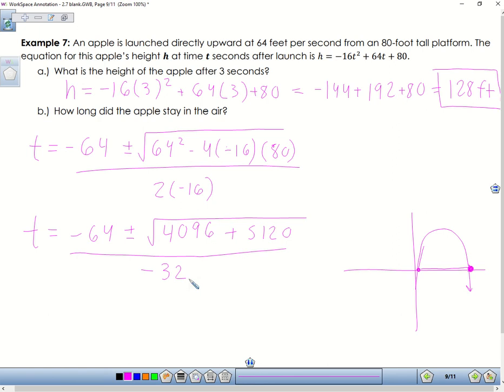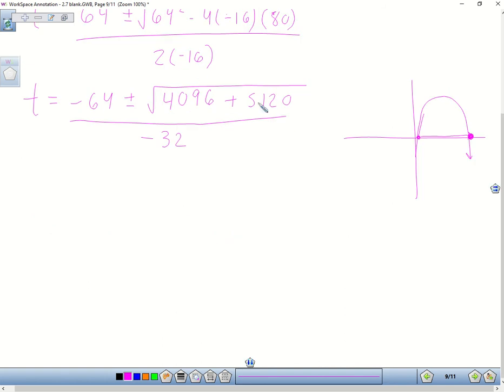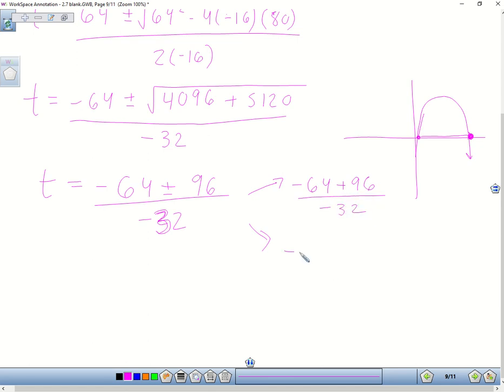So the numbers can get pretty big for these. I took the square root of this and this just becomes 96, luckily. So this becomes negative 64 plus 96 over negative 32, and this becomes negative 64 minus 96 over negative 32.